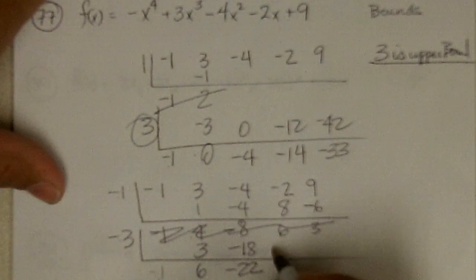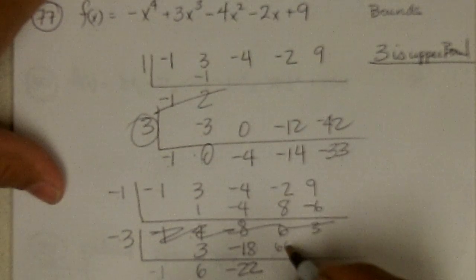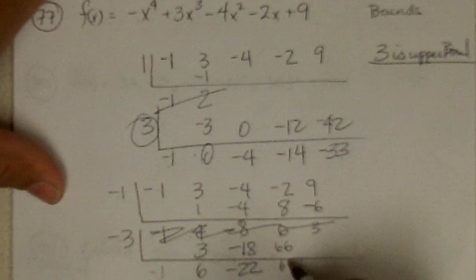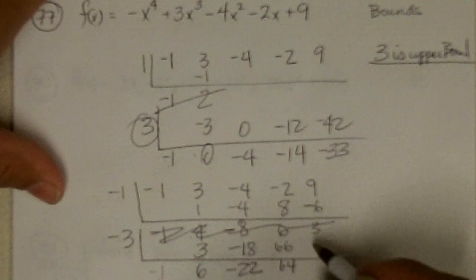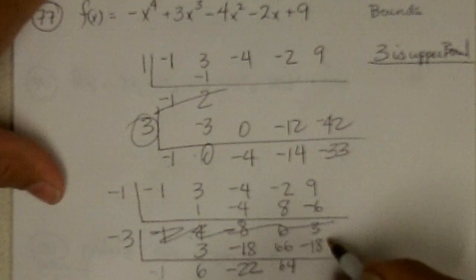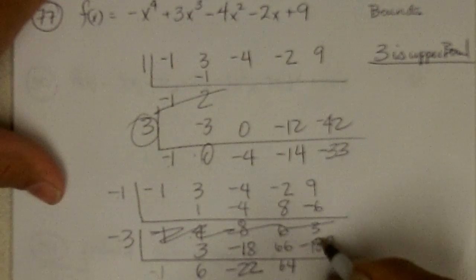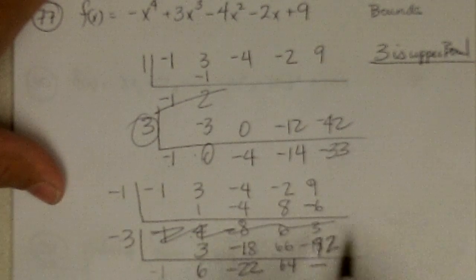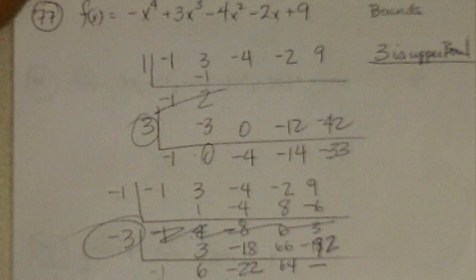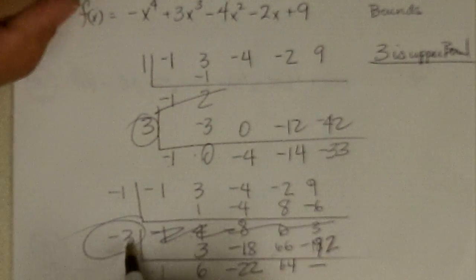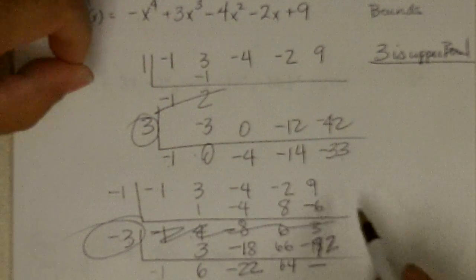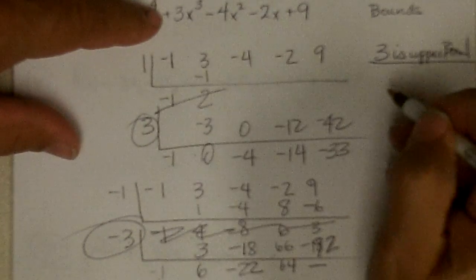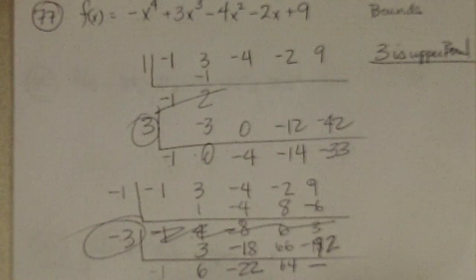That would be positive 66. This would be 64. That would be minus 192. And minus 192 and 9 is negative, and so minus 3 would be a lower bound. It might even be minus 2. We could try minus 2 because this was pretty close to doing it. I'm going to guess minus 2 does. Maybe I should try that.